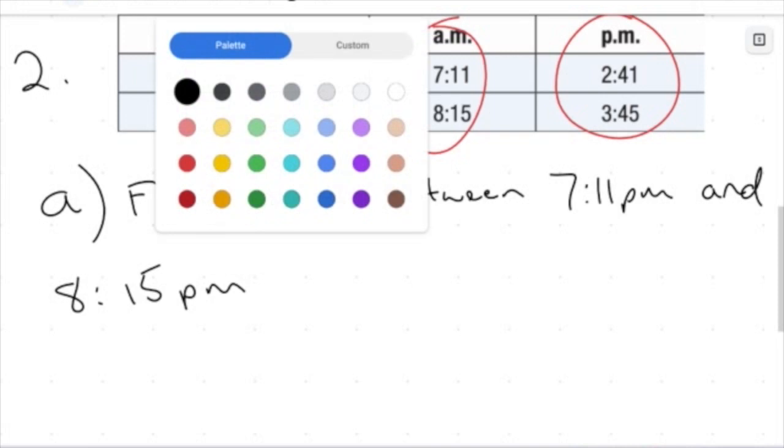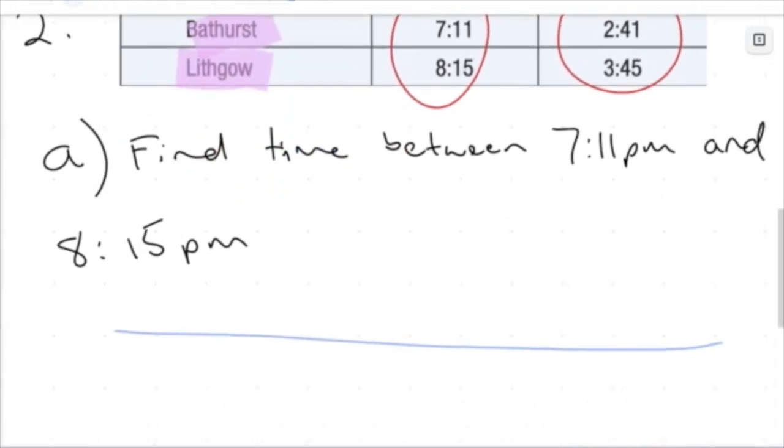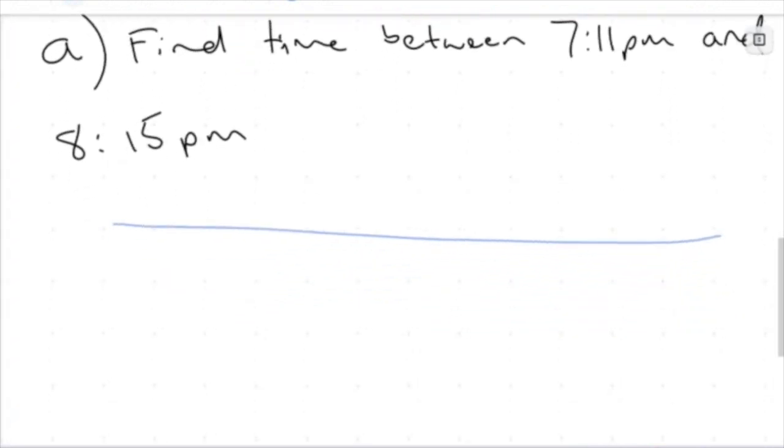Now I'm going to do my little timeline approach again. Some of you may find it easier to do it without, but I'm going to say, well, I want to find how long is it going to take me to get from 7. Oops, sorry, I made a little mistake. These should be AM.